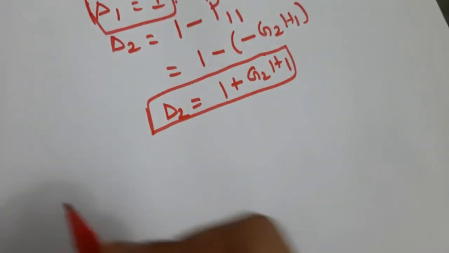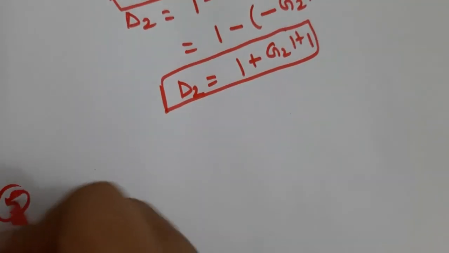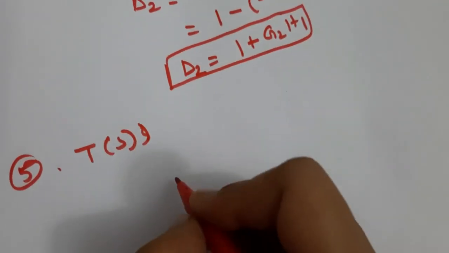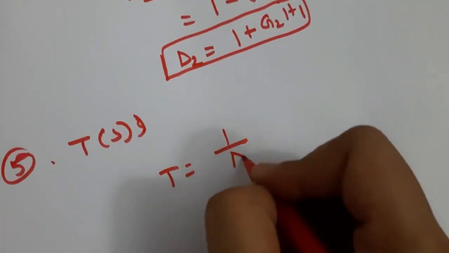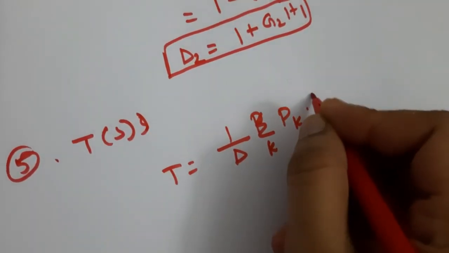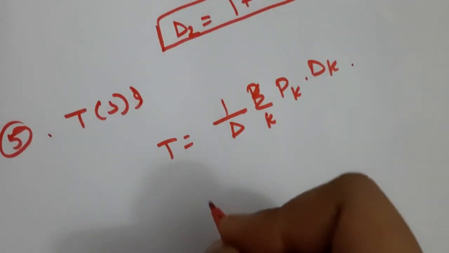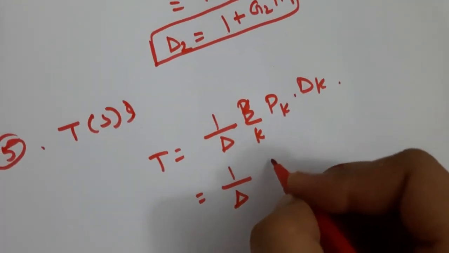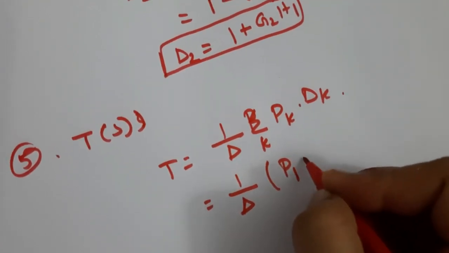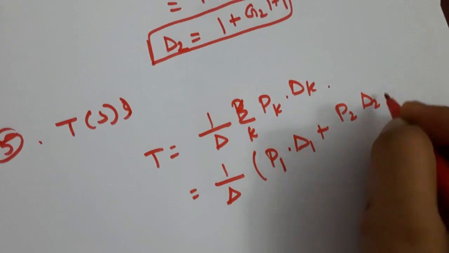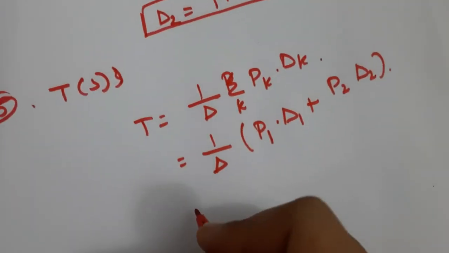Now we have to find the transfer function, that is the final step. T is equal to 1 by del summation of Pk into del K, and here K is equal to 2. So it becomes P1 del 1 plus P2 del 2, and we know the del function.